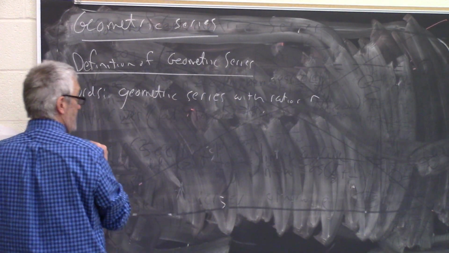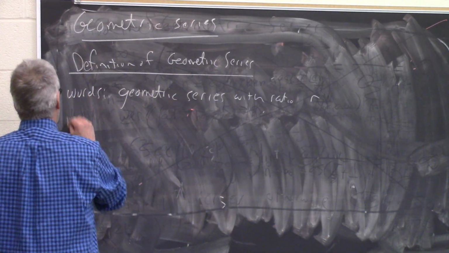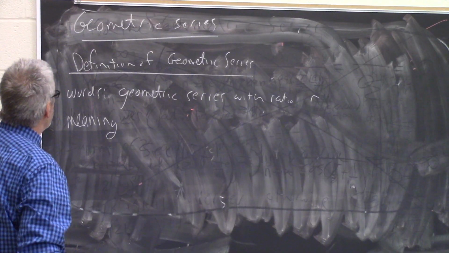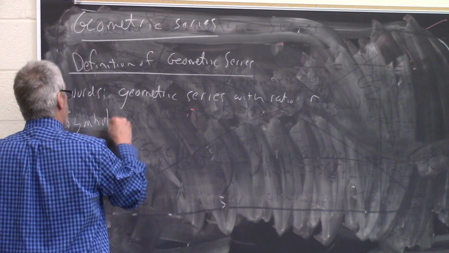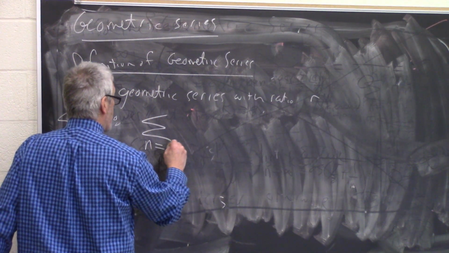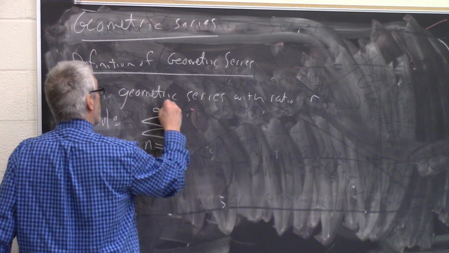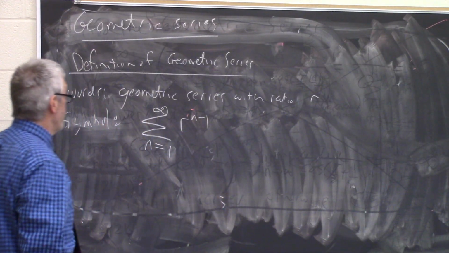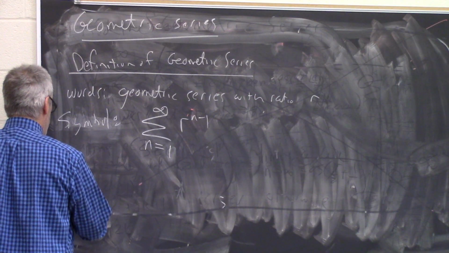Here's the meaning. Or here's the symbol. We do the symbol, the sum as n goes from 1 to infinity of r to the n minus 1. And this is the meaning.